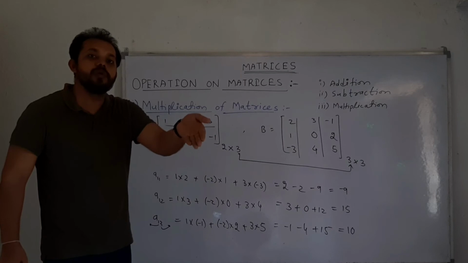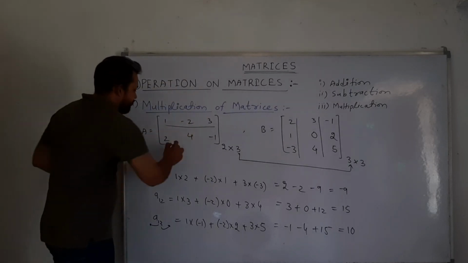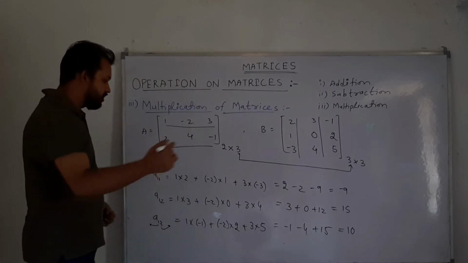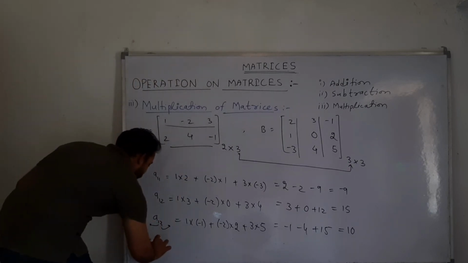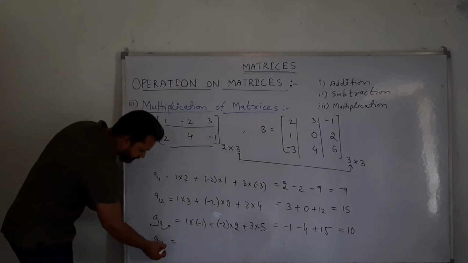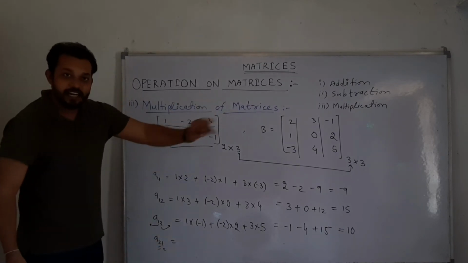Then we come to the second row of the first matrix and the first column of the second matrix. So we will get our next element A21: second row from the first matrix, first column from the second matrix.